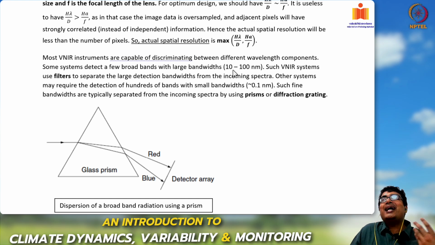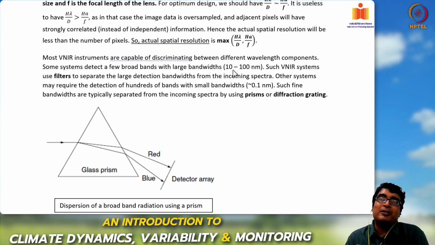If we are looking at sea surface using a VNIR image, we may prefer a certain bandwidth compared to if we are looking at a snow surface or a land surface or a cloud surface. Each satellite, based on its requirement, will choose to accept certain bandwidths and to reject or filter out certain bandwidths. And the detector is able to detect a few broad bands with large bandwidths, 10 to 100 nanometers.